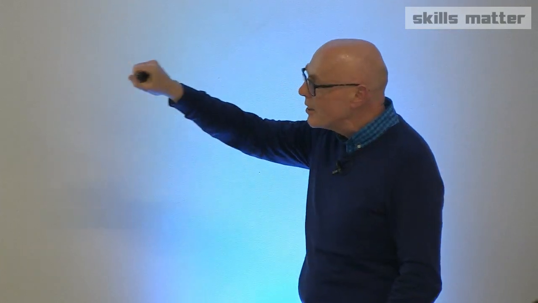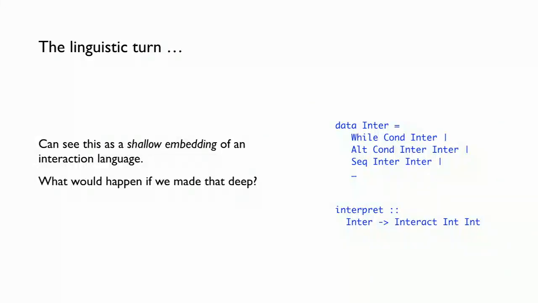You can see this as a shallow embedding of a language for interactions. What we're doing is representing the while construct as a combinator. But you could do this as a deep embedding. You could say, here's a data type that represents the sorts of interactions I was describing.